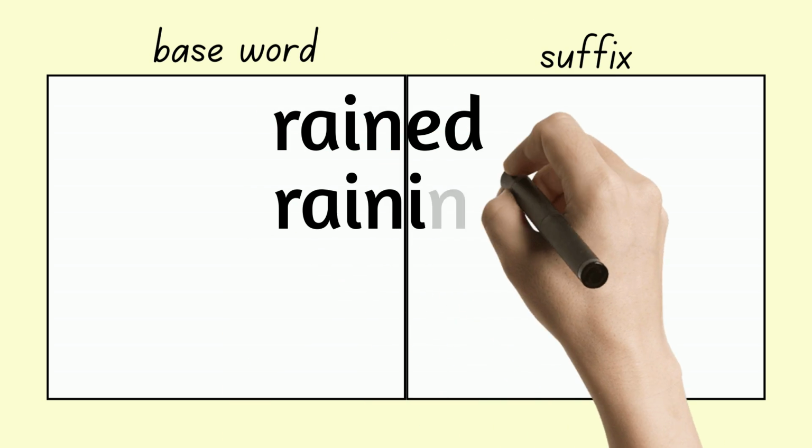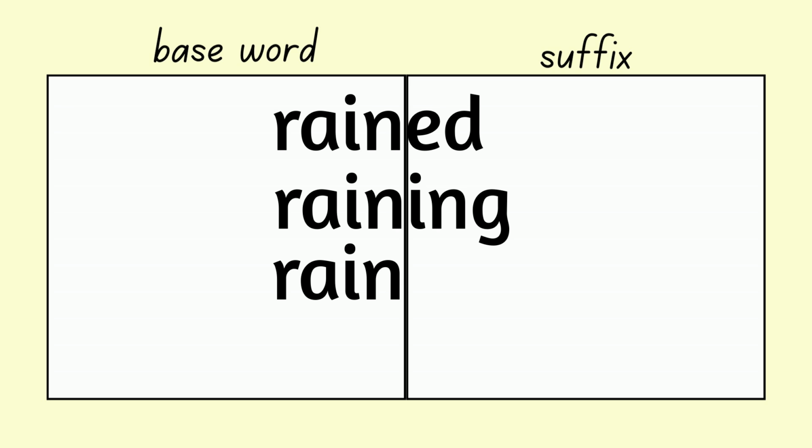Rained, raining, rain. What is the same and what is different? The base word remains unchanged. However, the suffix, you can see ed is added to show that something happened in the past. Ing is added to show that it's happening now, and for future tense, nothing was added.